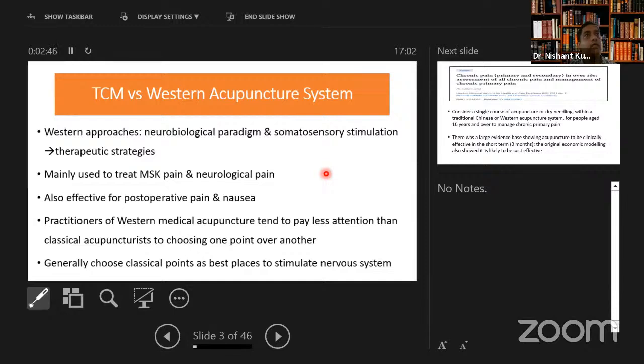We diagnose as we diagnose right now: it is chronic osteoarthritis, or low backache, or trigeminal neuralgia, or shoulder pain. Then we formulate our management plan according to the points that we know about from TCM. Generally we choose some classical points that are the best places to stimulate the nervous system for the management of that particular condition.